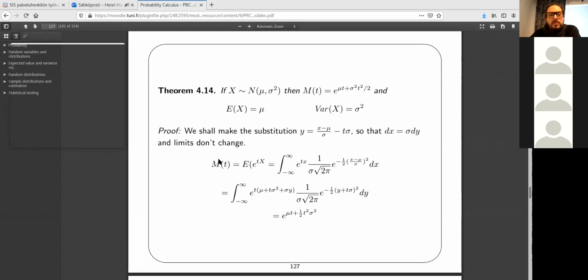I'm not going to go into all these proofs with the moment generating function. There's a parenthesis missing over there; there should be a closing parenthesis. You can calculate this with not very hard algebraic manipulation, and verify that this is in fact what it boils down to.